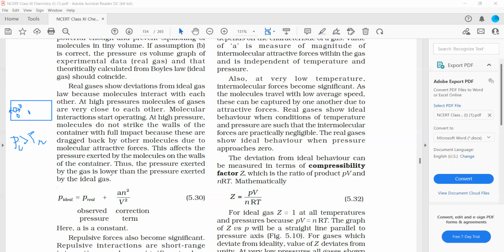And by how much is it less? This is the correction term, a n square upon v square. So the pressure of ideal gas is the pressure of real gas plus this term. This term is introduced in order to account for this attractive force.